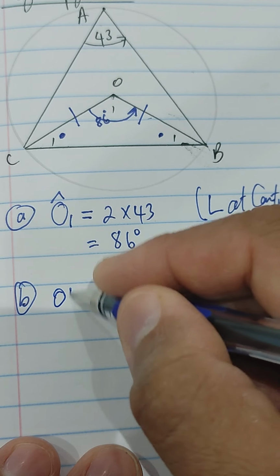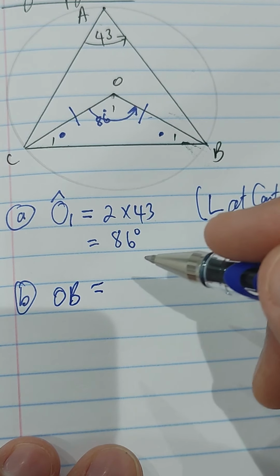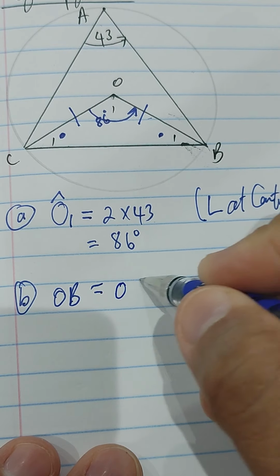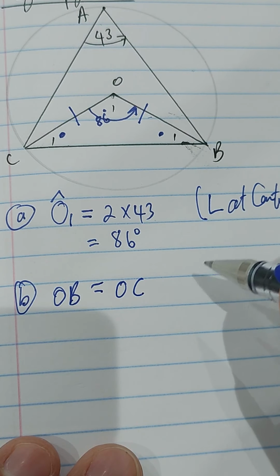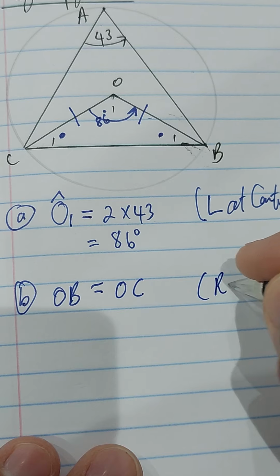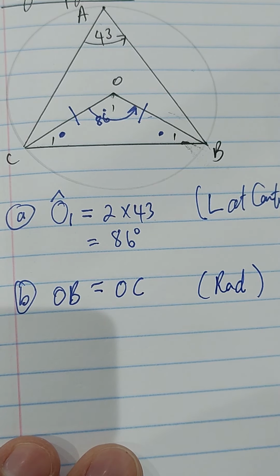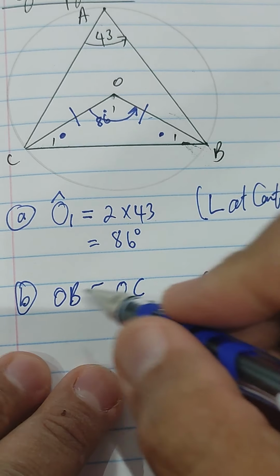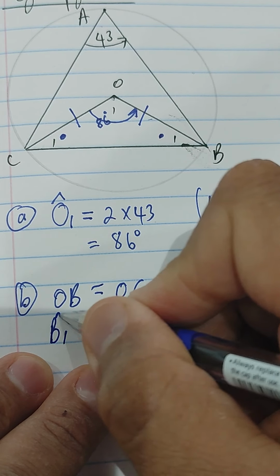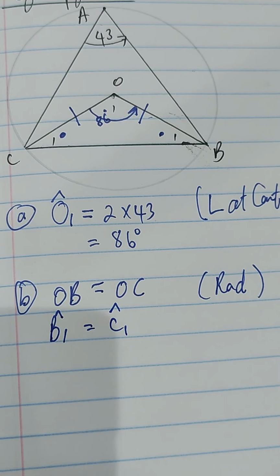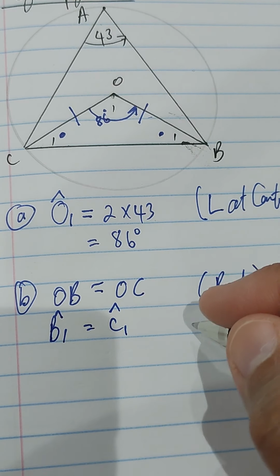So we first say that OB is equal to OC. Why is OB equal to OC? Because that's your radius, your radii. Now angle B1 is equal to angle C1. Why is B1 equal to C1?